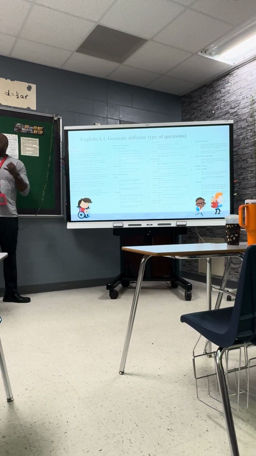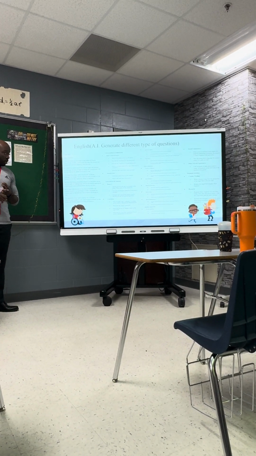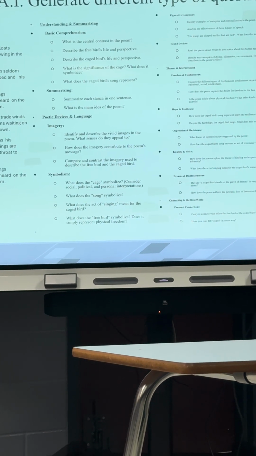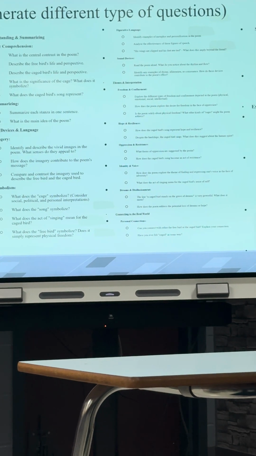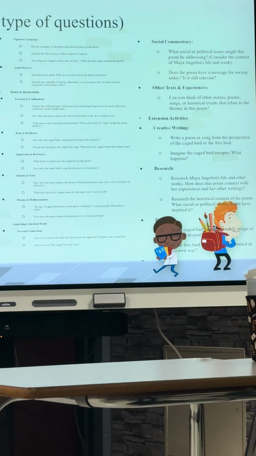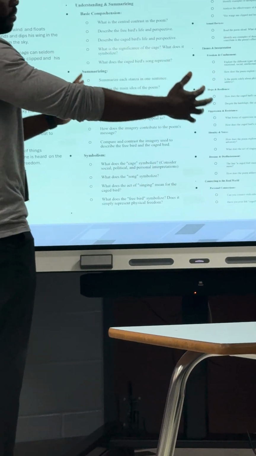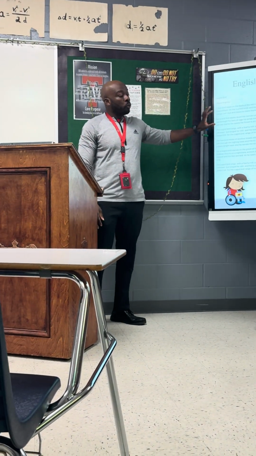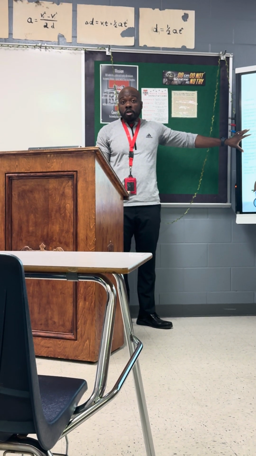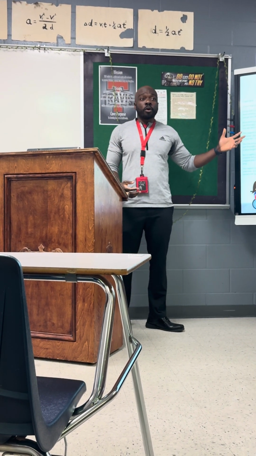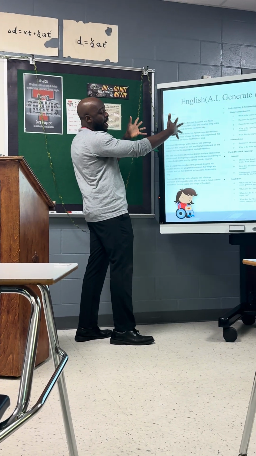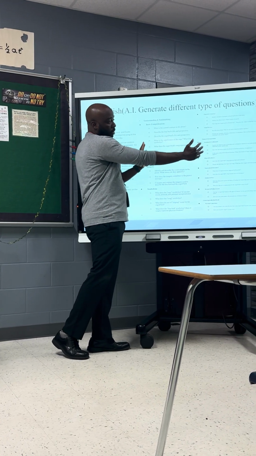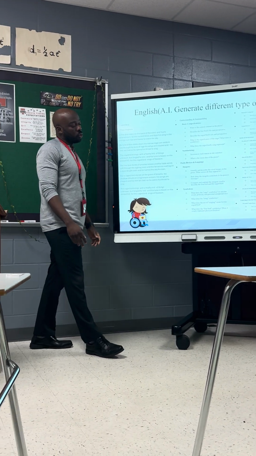So it said I could talk to my students about summarization, imagery, symbolism, hope and resilience, oppression and resistance. It basically said that this is the information you could talk about specifically with this poem. So this is a great example of when you have a source, you could tell it to provide X, Y, and Z, and then it'll be able to do that.